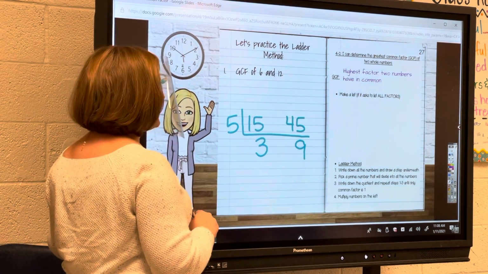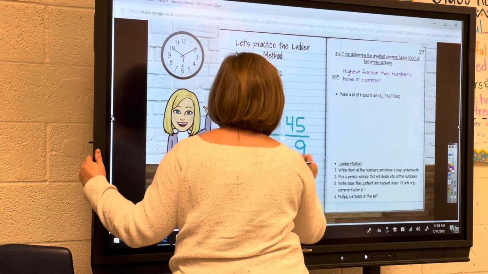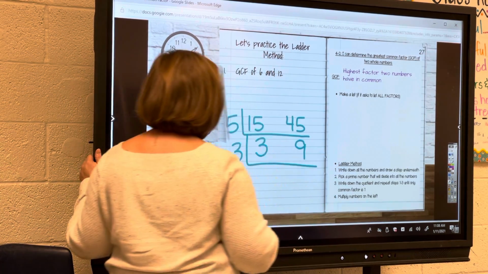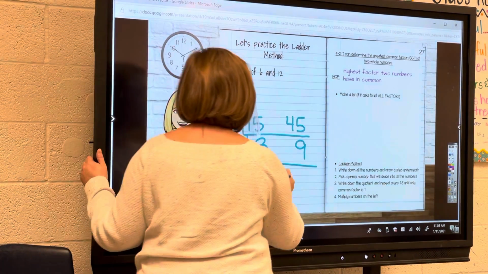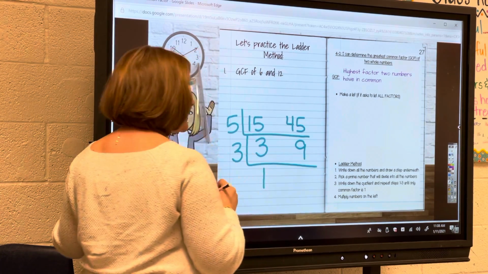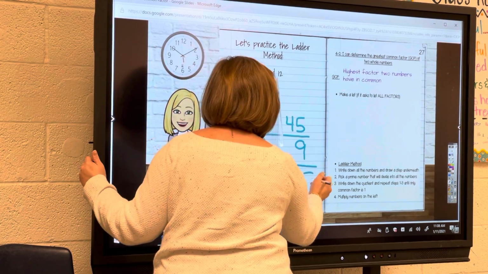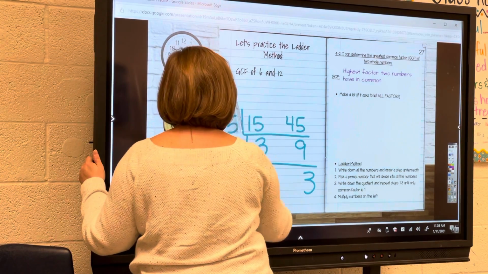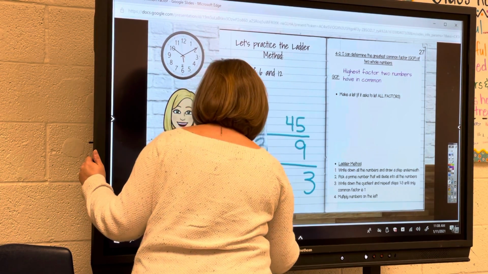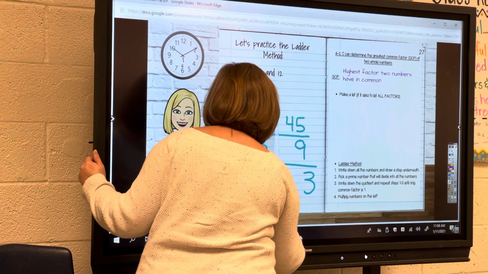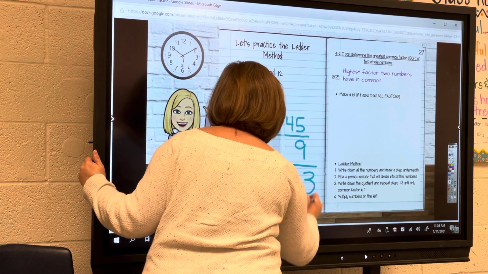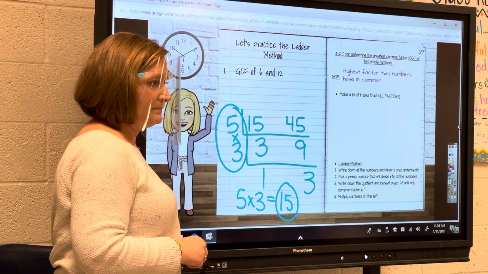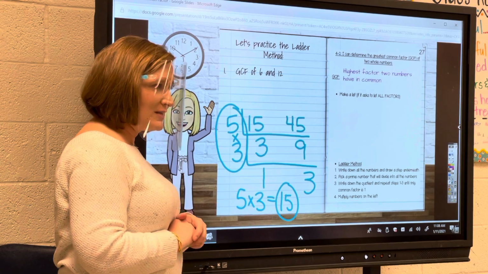No. What can I divide 3 and 9 by? 3 divided by 3 is 1. 9 divided by 3 is 3. Can I go any farther? No. So, 5 times 3 is 15. It's easy peasy, right?